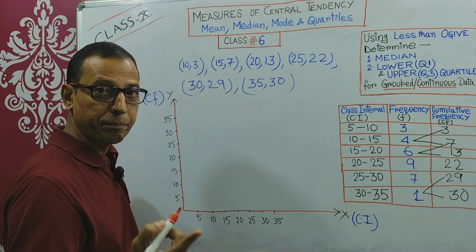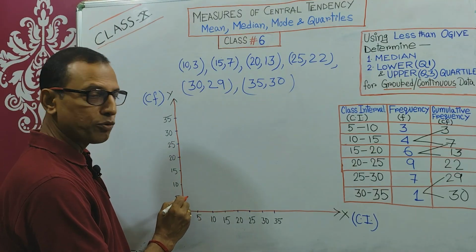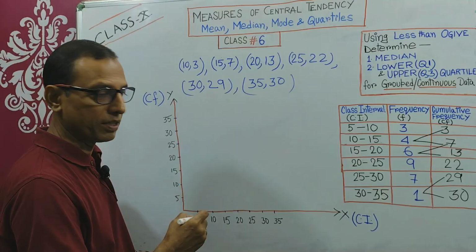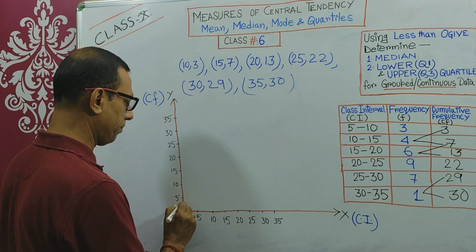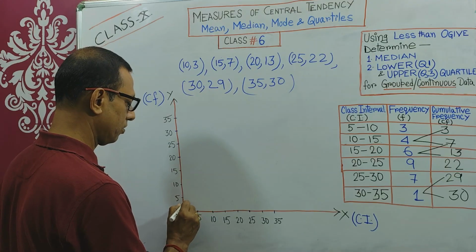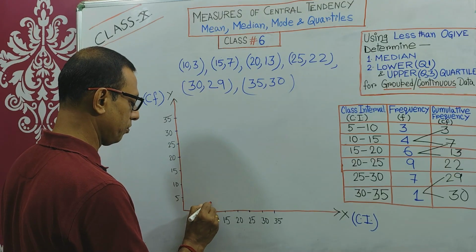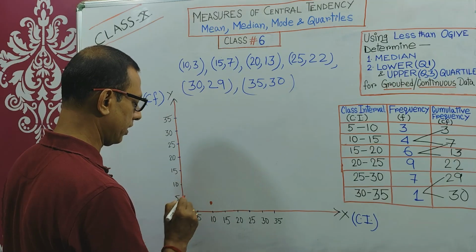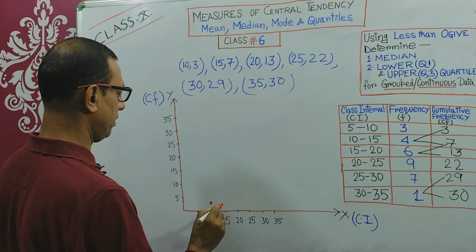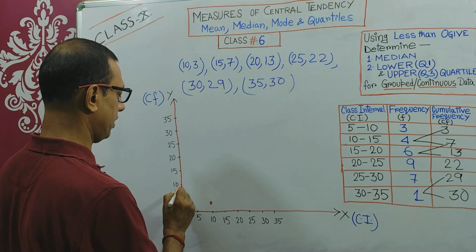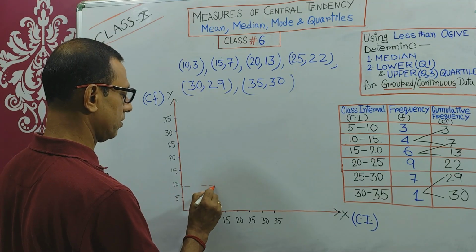You need to use graph paper. Here, assuming it is with eye estimation, we are doing that, just by looking visually. So if it is 5, assume it is around 3. So the 10, 3 point will be like this, okay? Then 15, 7. Here it is 10, that means 7 will be like this.